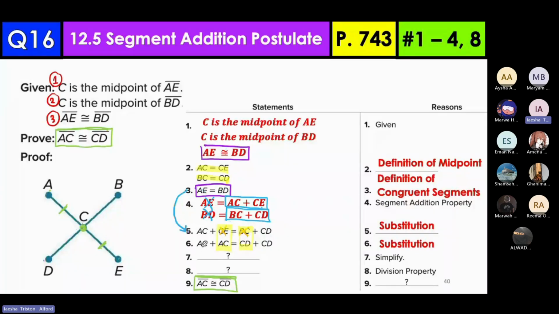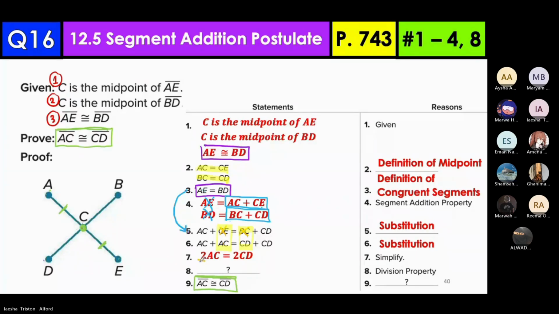Now, line 6. What's AC plus AC? 2AC. What's CD plus CD? 2CD. You know how to solve? It says division property. So what do you think you should divide? Divide both sides by 2.